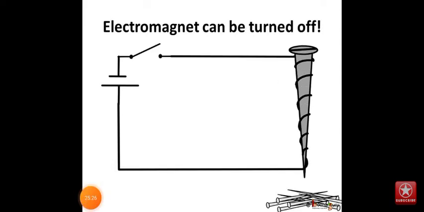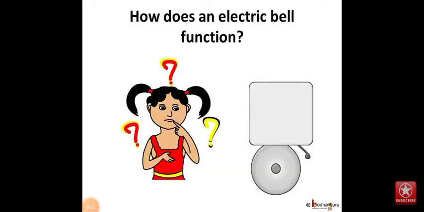In this way we have to connect the battery, your plug key and your nail. When the current is flowing through the battery, the pins get attracted towards the nails.